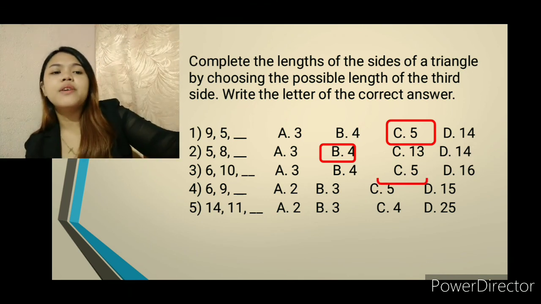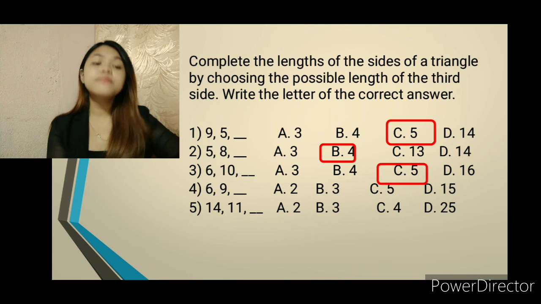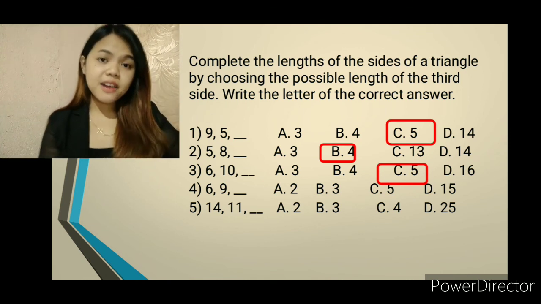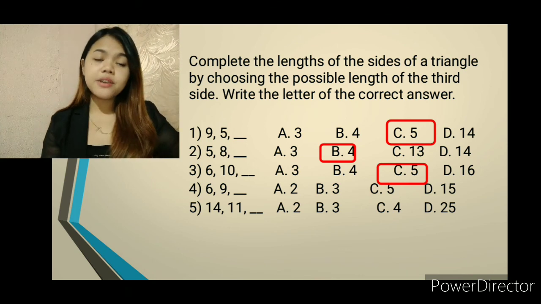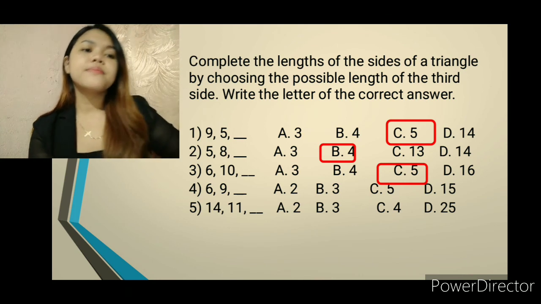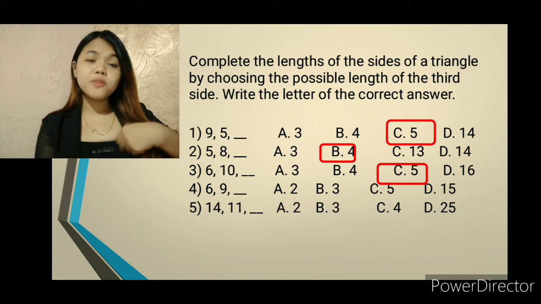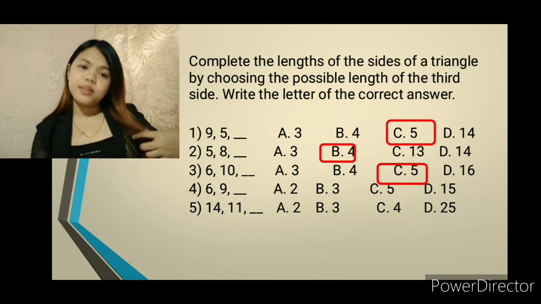And number 3, you have letter C, because 6 plus 5 is greater than the third side, which is 10. And if you check the other options also, the sum will come up to be less than or equal.